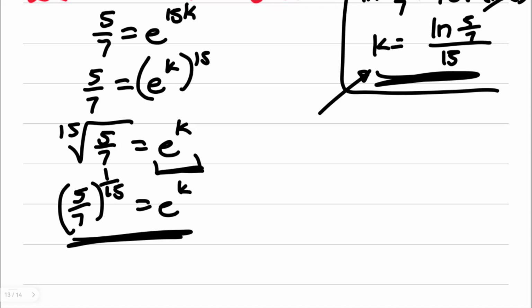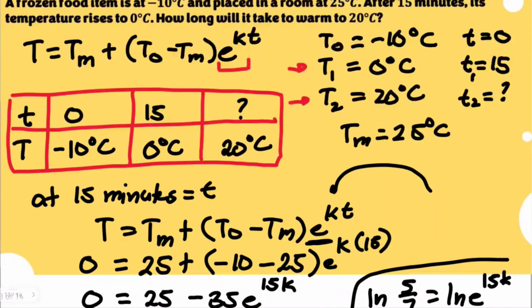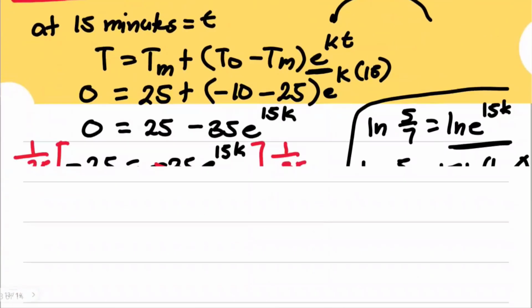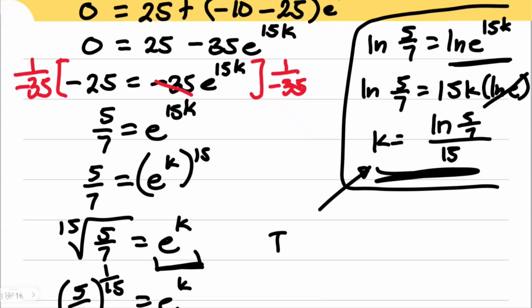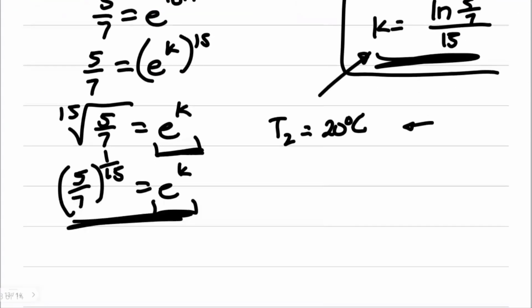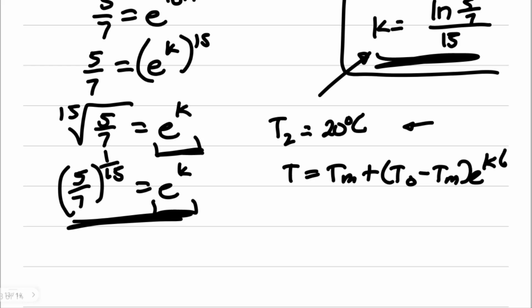But I'm more confident with this because if I return now to the target, t sub 2, which is actually 20 degrees Celsius for the object, we're going to use the same formula. T is equal to t sub m plus (t sub 0 minus t sub m) e to the power of kt. I'll be using this as the entire form.